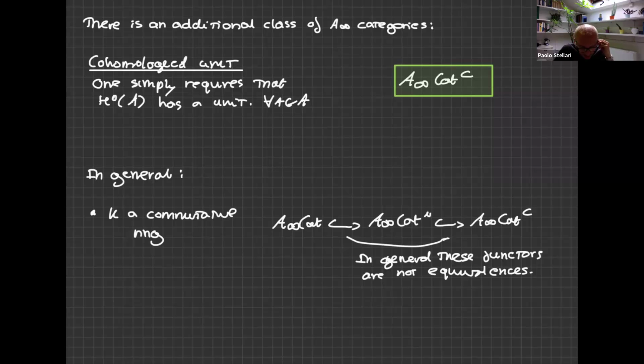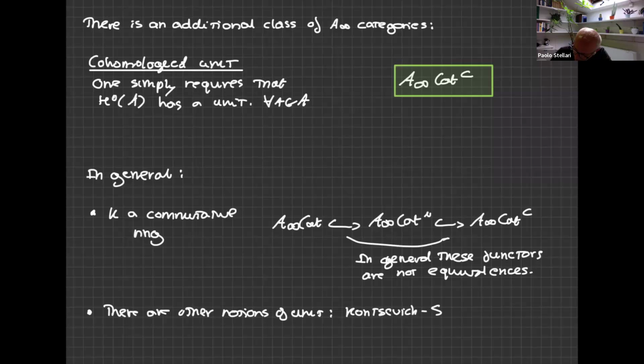Okay, and the first observation is that there are other notions of unit which we will ignore in this presentation. One is due to Kontsevich and Soibelman, and the other one is due to Fukaya.